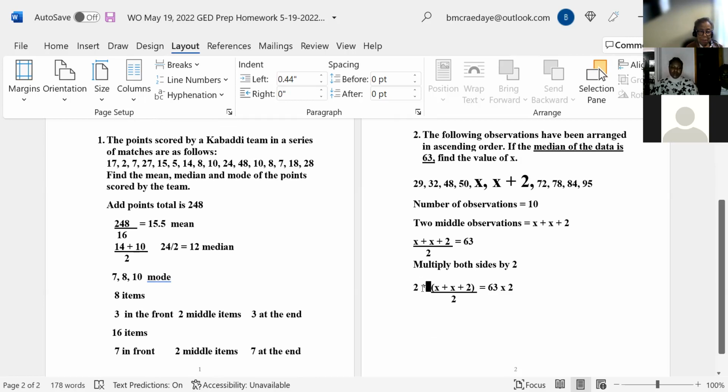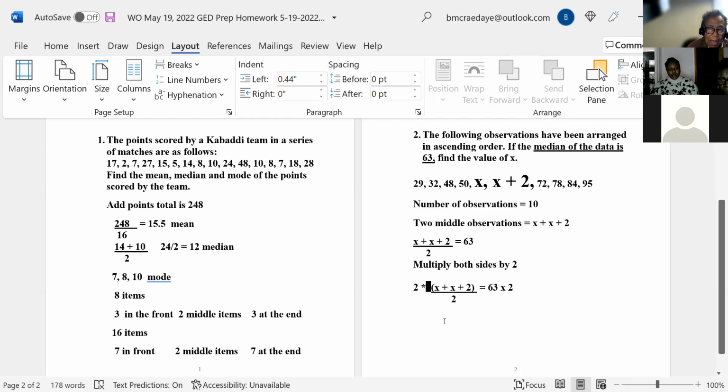So when I multiply 2 times this expression, and I'm dividing by 2, what do I get left on the left side, Maureen? Just plain 1x. No, this is 2 times here, but I have a 2 here. So what's 2 divided by 2? 1.